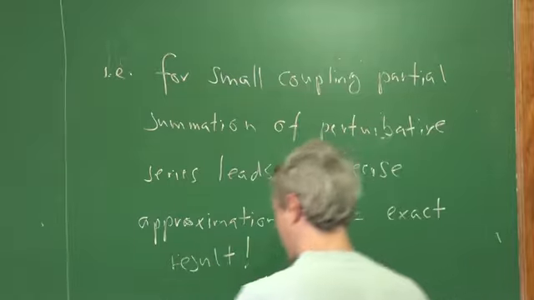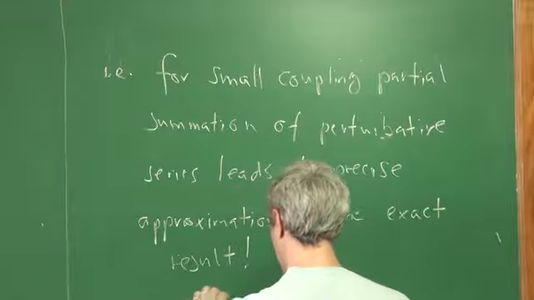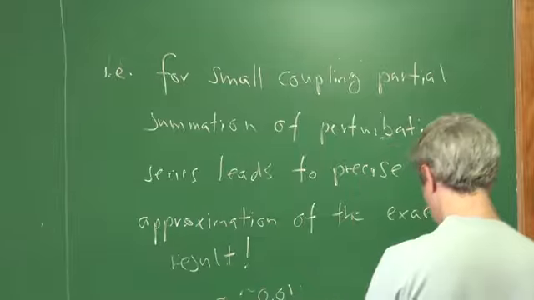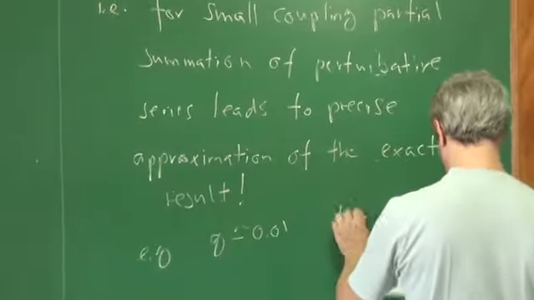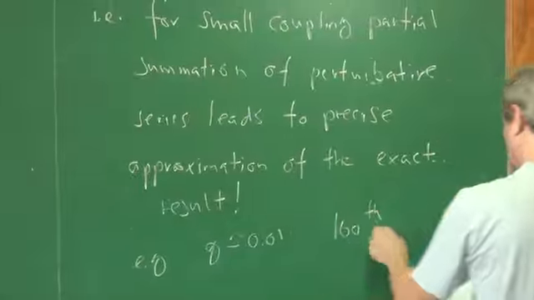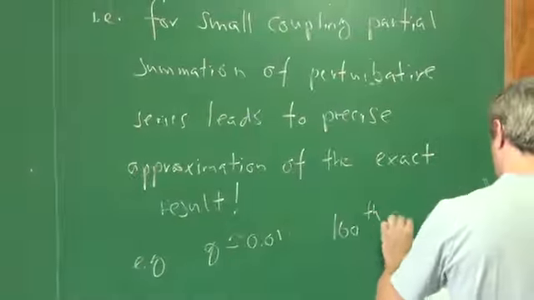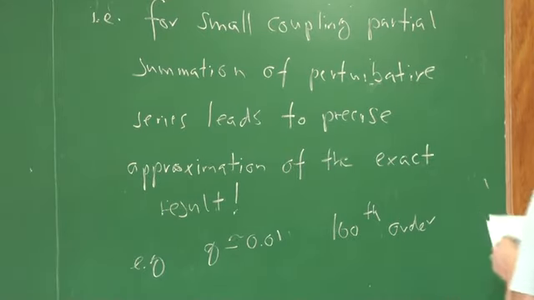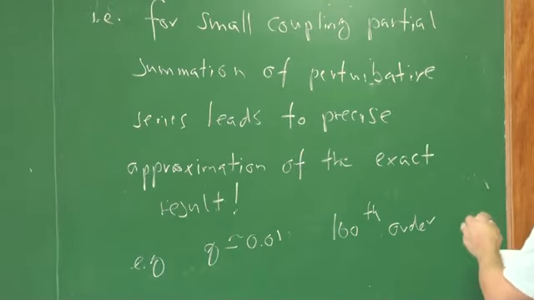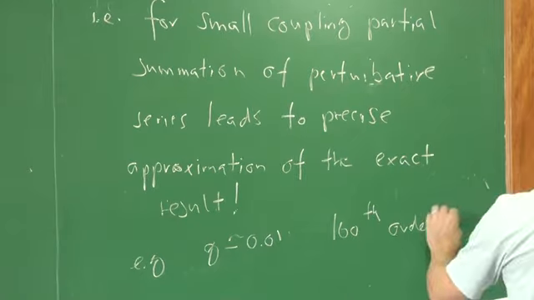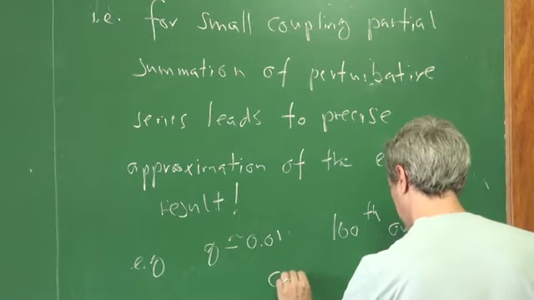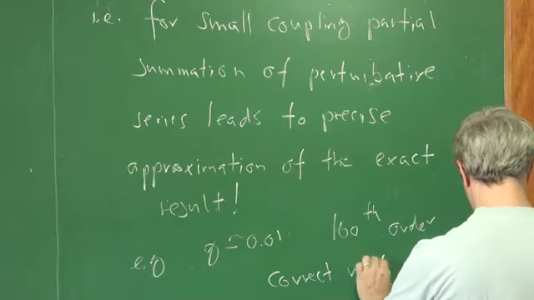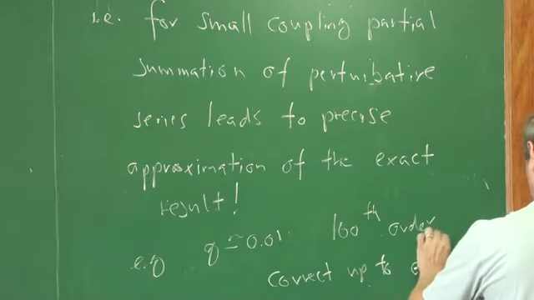Just to give an example, if g is 0.1, then one has to go to the 100th order in perturbation theory, and this is then correct up to e to the minus 100.